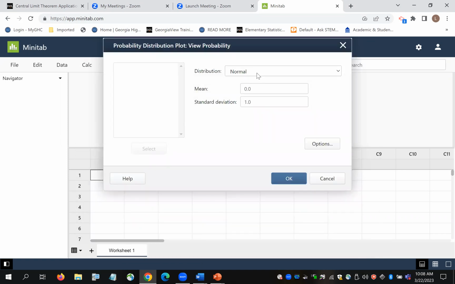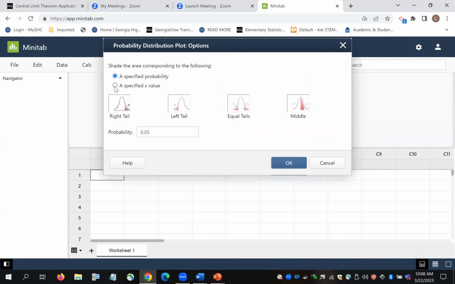We do now know we have a normal distribution since we've applied the central limit theorem. The mean of the central limit theorem is 3.5. The standard deviation of the central limit theorem is 0.125. Options. We have a specified X value.